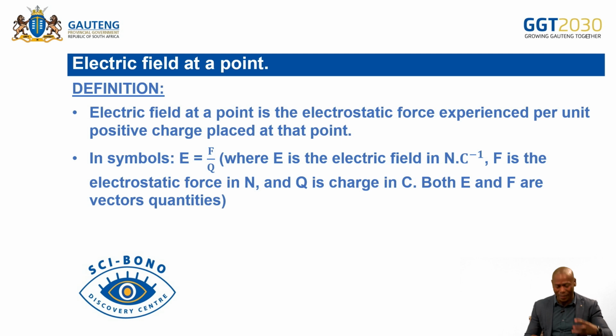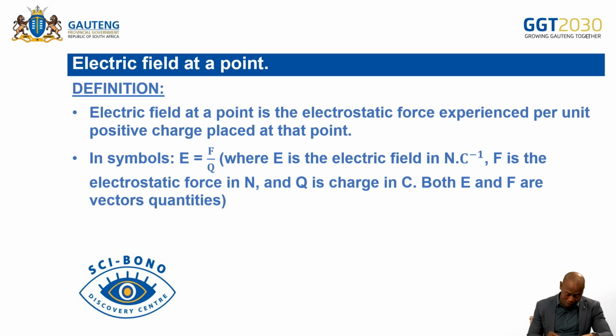It is the region in space where a charged object, or where an electric charge, will experience a force. But this one, it's a force experienced per unit positive charge placed at that point. So let's not confuse the two.